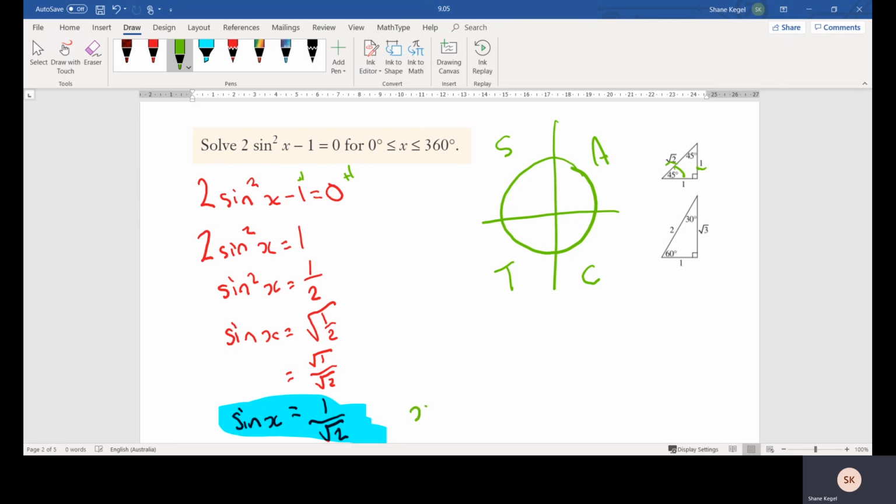So x equals 45 degrees. The next thing I have to factor in is whether it's positive or negative. 1 over root 2 is a positive value. And I also have to factor in that, because I've taken the square root, I could have positive or negative options.